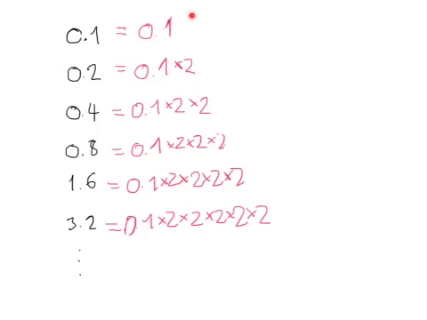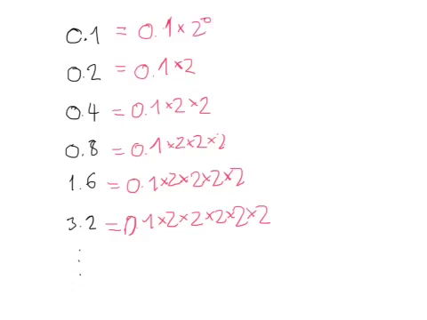That's the first stage, the first situation I'm in. A paper of 0.1 millimeters has a thickness of 0.1 millimeters when I don't fold it any times, when I fold it 0 times. So that's why I could put right here times 2 to the power of 0.